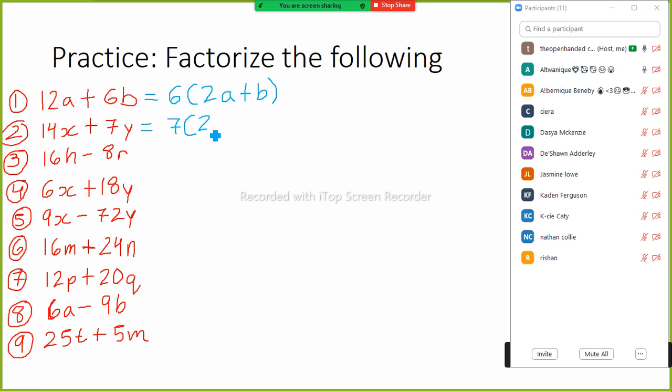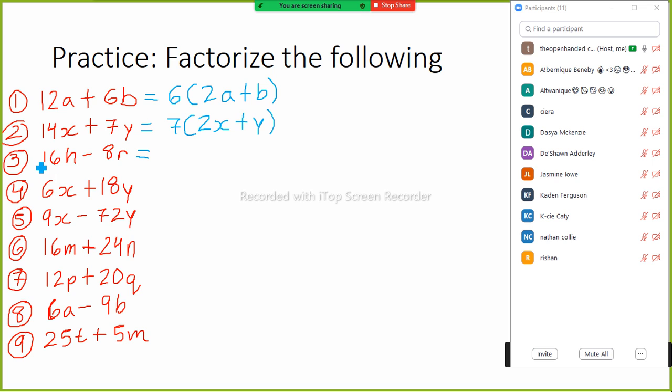Then put the times thing, X. Put the plus. Put Y. Very good. Close bracket. Very good. 7 times 2, which is 14. 7 times Y is 7Y. Very good.